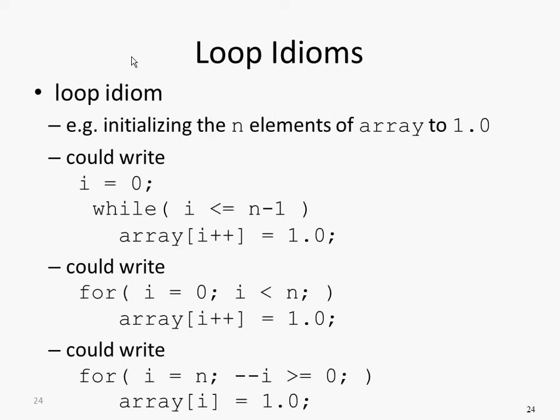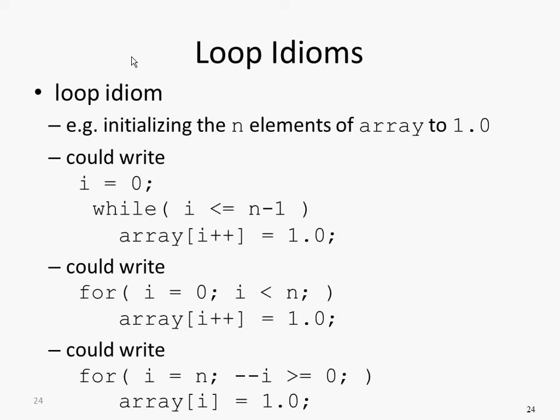How should you do it by C convention? Can anyone volunteer? Good. So you have a for loop. This is the sort of situation for which for loops were designed. A for loop with some initialization, for i equals 0.